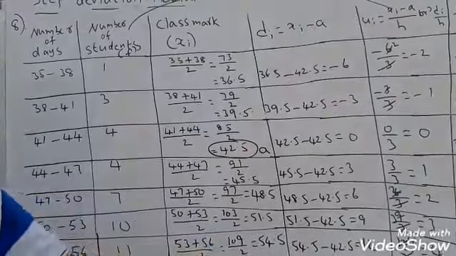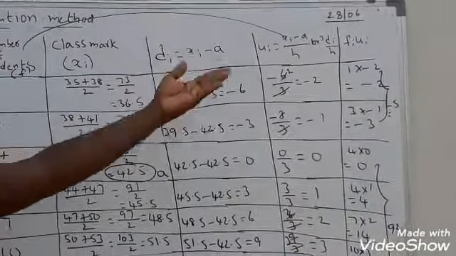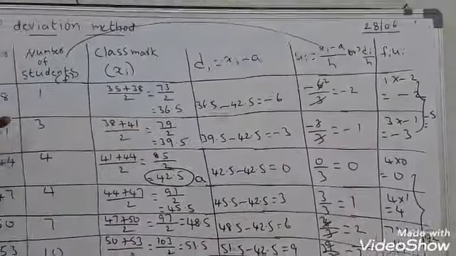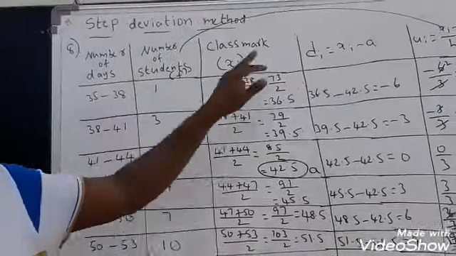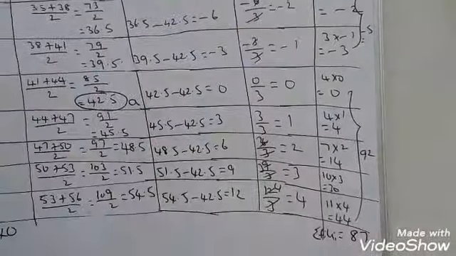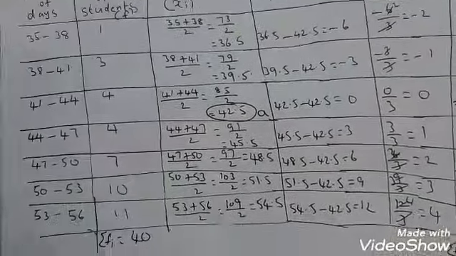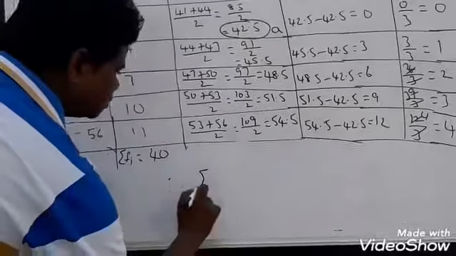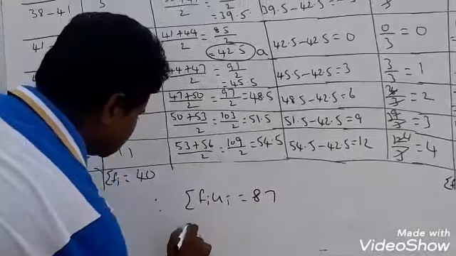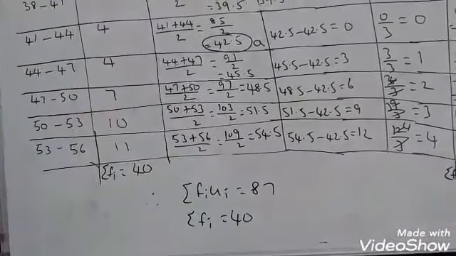After that you calculate ui. ui means di by h, the division by the class size. Here h is equal to 3, that means minus 6 by 3, minus 3 by 3, like that. After that you calculate fi ui. Therefore sigma fi ui equals 87, sigma fi equals 40.